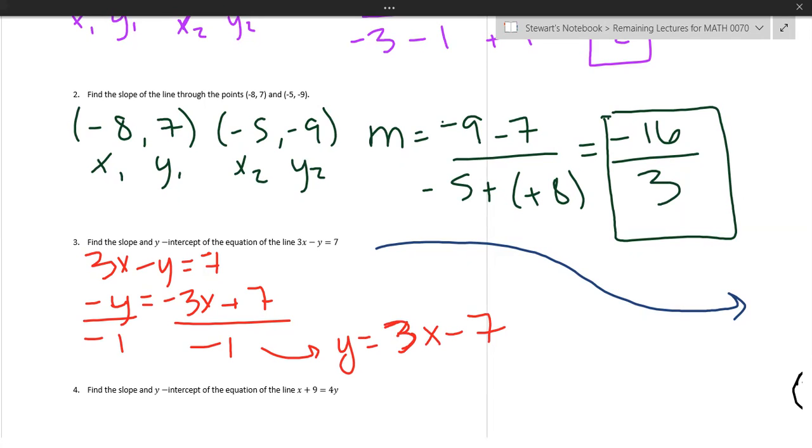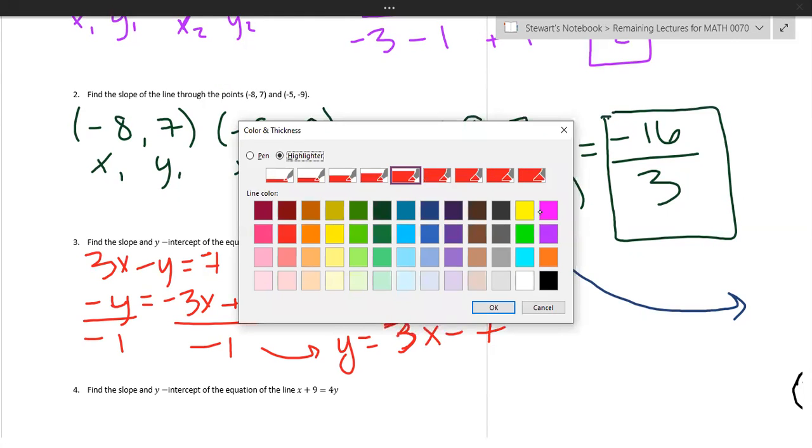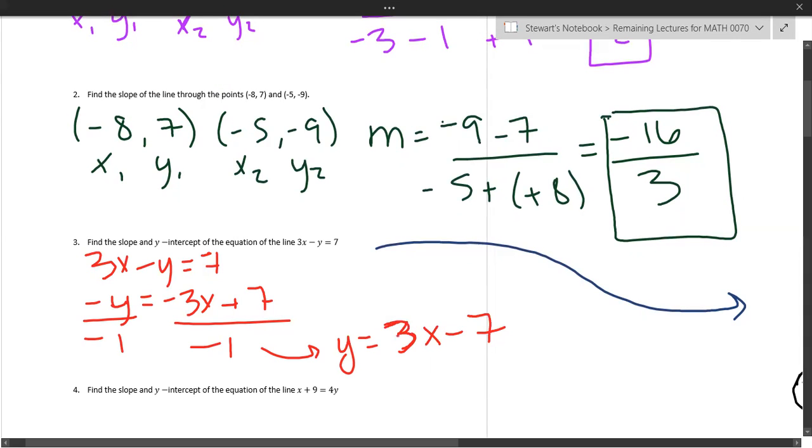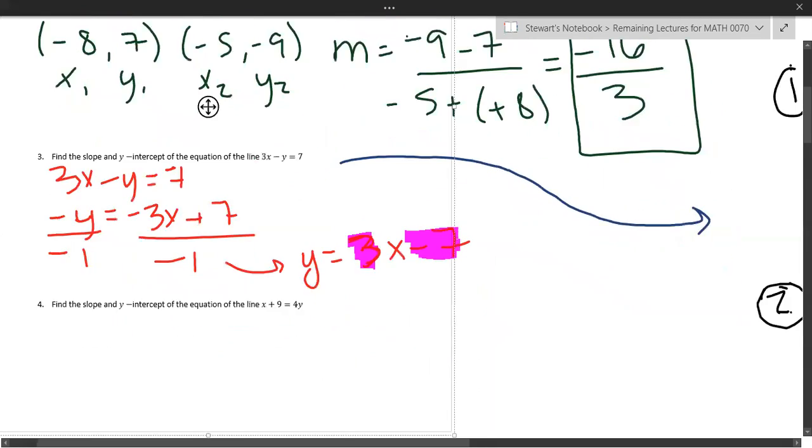So now we can see that our slope is 3 and our y-intercept is negative 7. Because it's in slope-intercept form, now we know those.